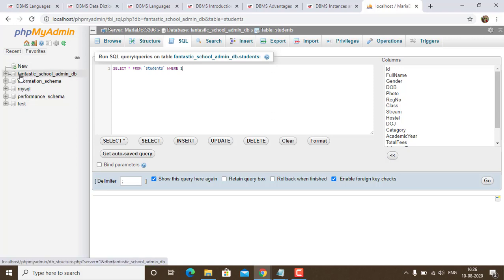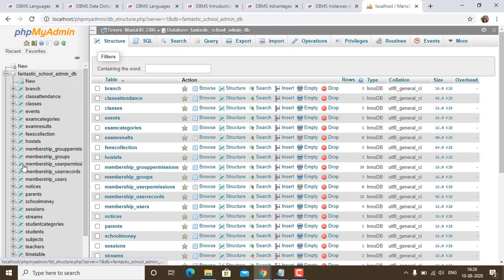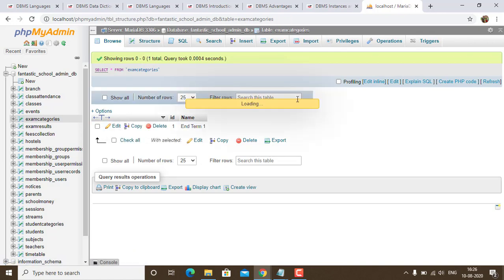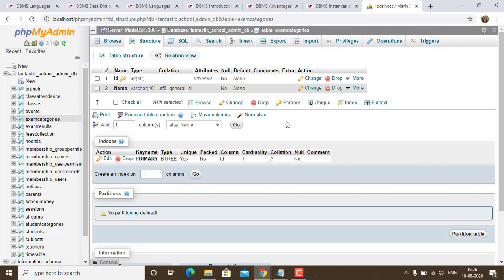You can see that these are the databases, and in every database we have different tables. Every table has a different set of columns, or you can check the structure of each and every table. This is the structure of the table.